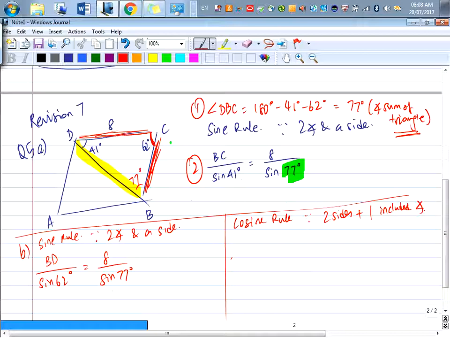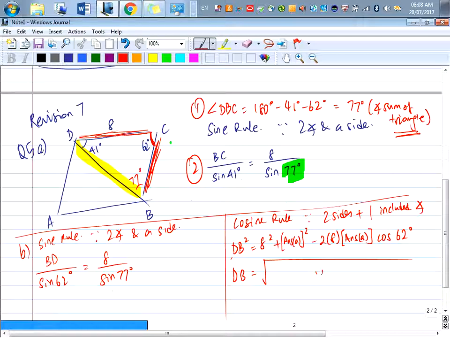So my equation will look like this. DB square equals to 8 square plus answer in A, which I don't know what it is, I'll just call it A square, minus 2 times 8 times answer in A, cosine 62 degrees. Okay, so from here you can find out what DB equals to also. So square root, whatever. Which one is easier? Looks like sine rule is easier, less calculation.